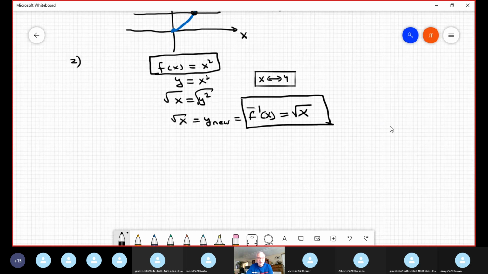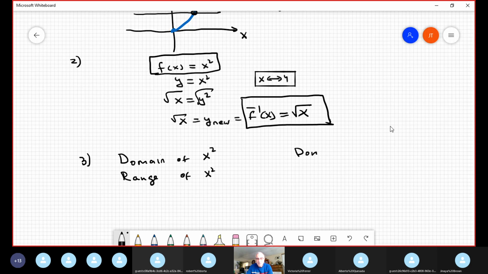And what about domain and range? It's obvious. It's obvious that the domain and range of the function x squared, and the domain and range of the function square root of x.